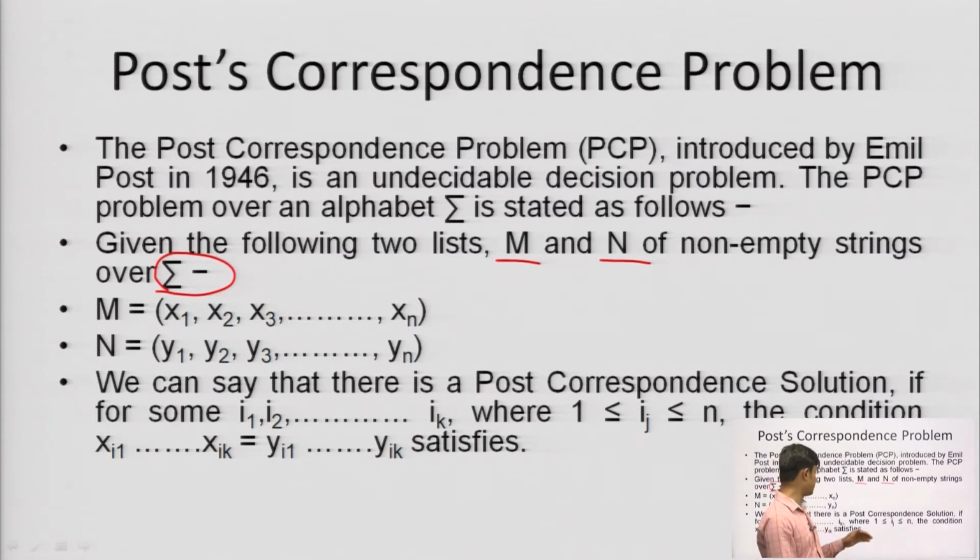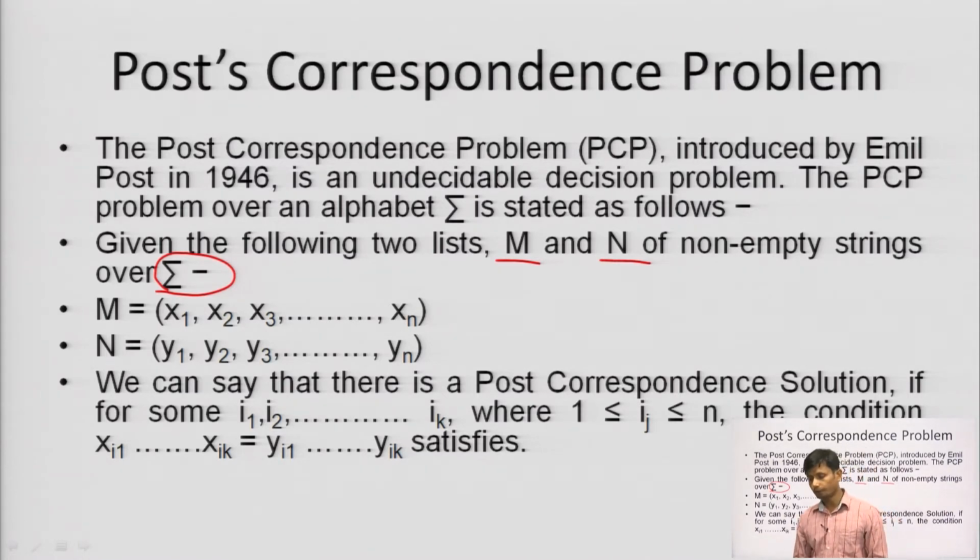It will be better to see a numerical example. You take a sequence from the M strings and the same sequence from the N strings and check whether both are equal, that is, x i1 to x ik and y i1 to y ik. If both parts are equal, then there is a solution, otherwise there is no solution.